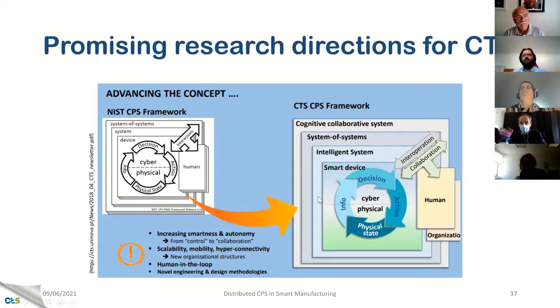Also at some points on the smart device, but I would say the main focus is on system of systems and the intelligent system. Of course, the interoperability among these, and also the collaboration of these different layers. And in some points also the integration with the interaction with the human.